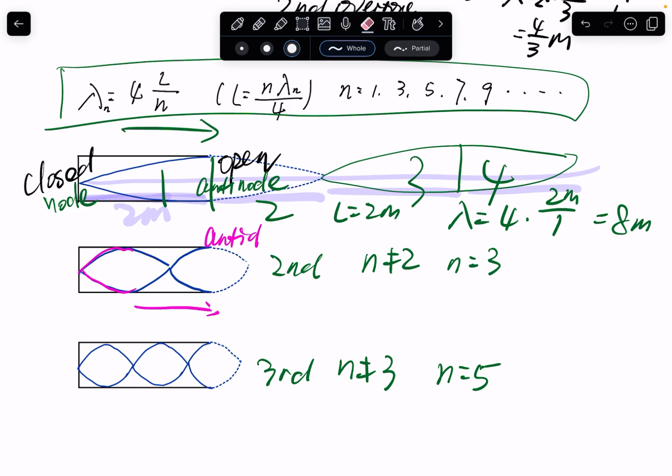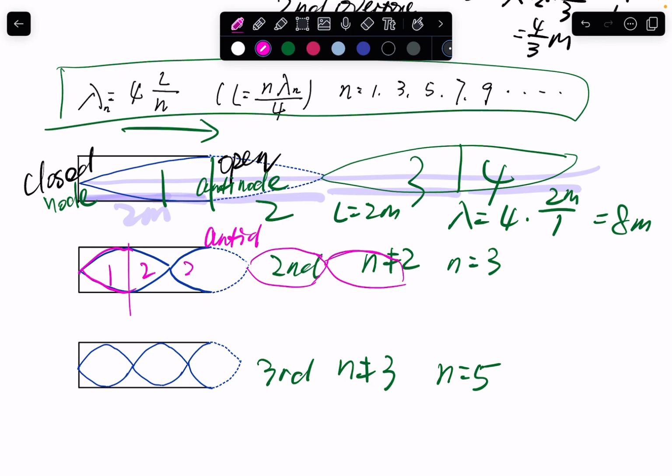Okay, so in this case, if I were to complete this, you see that if I break it down into 1, 2, 3, 4, 5, 6, 7, 8, that gives me two wavelengths. And then you see that really it's 3 over 4 of a wavelength inside the pipe.